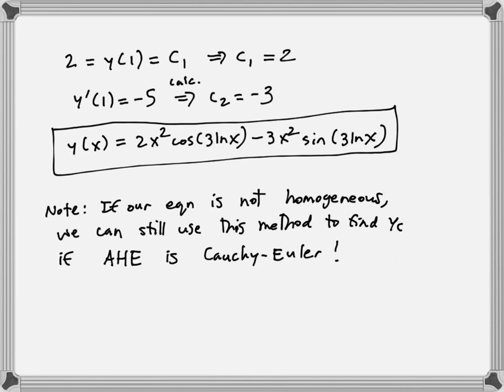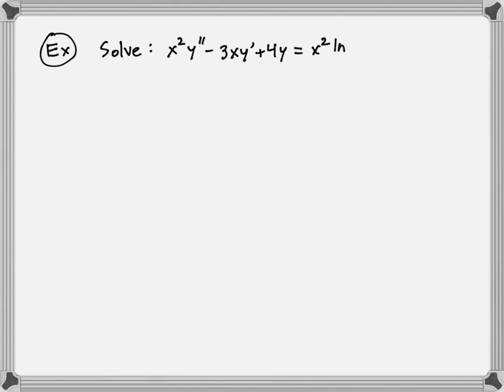Okay, so we're going to do an example. We want to solve the following differential equation: x squared y double prime minus 3xy prime plus 4y is equal to x squared ln of x, where x is positive.